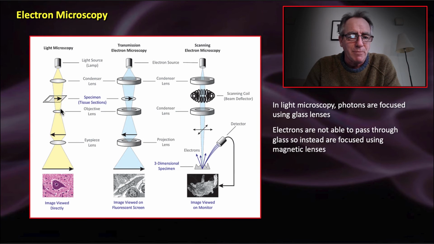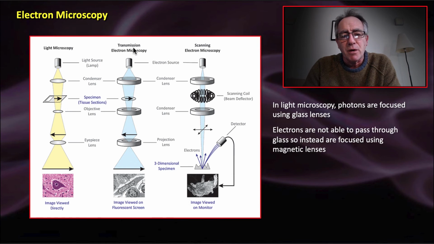The image of the specimen is then refocused either to the eyepiece or to the camera or detector, which forms the image on the computer screen. Bottom line is you're using photons, which are focused by glass in light microscopy.